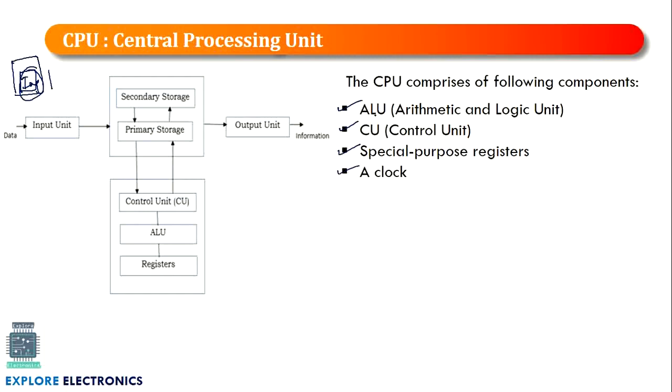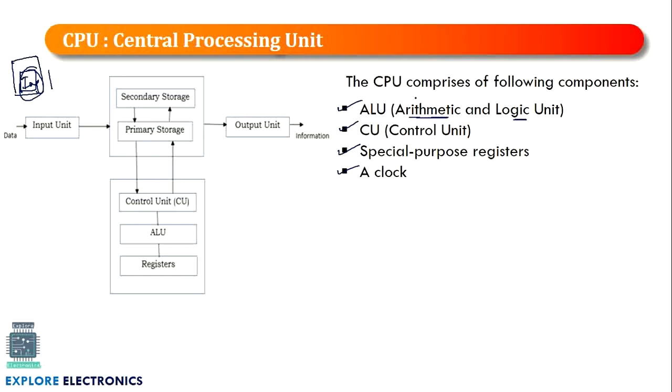ALU is Arithmetic and Logic Unit, meaning a computer is required to perform many operations. If you give the input, it should process and give the output. To do that process, we have the ALU. What process is it going to do? It will do the arithmetic operations and the logical operations.